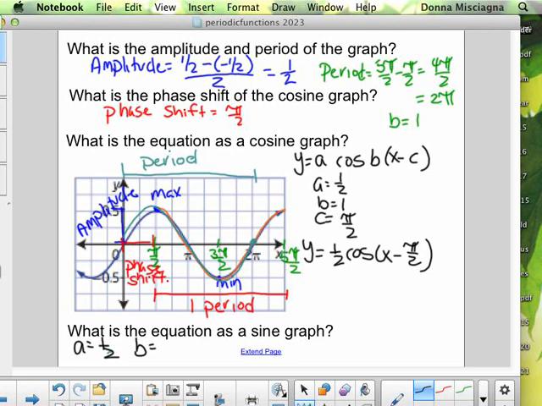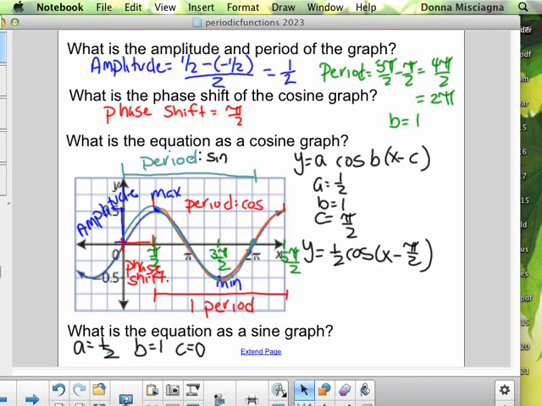B is 1, and C is 0, because we can see it's starting on the y-axis. So the grayish one here is one period of sine, and the orangey one is one period of cosine.